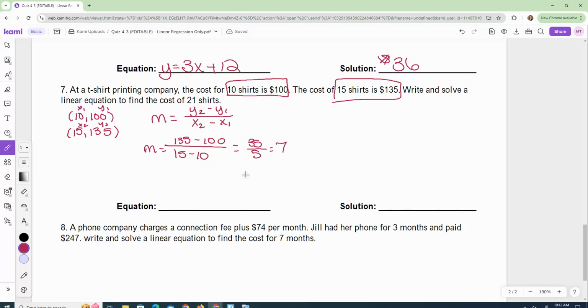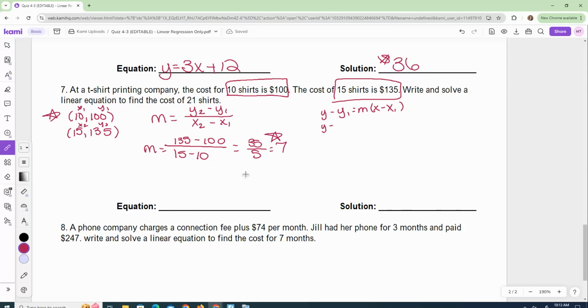So then remember we did our point slope. y minus y1 equals m times x minus x1. So we take our point, we take our slope, and we're plugging in there. Is everyone with me to this point? Okay, so y minus, it doesn't matter which point you use, I'll just go with the first one.